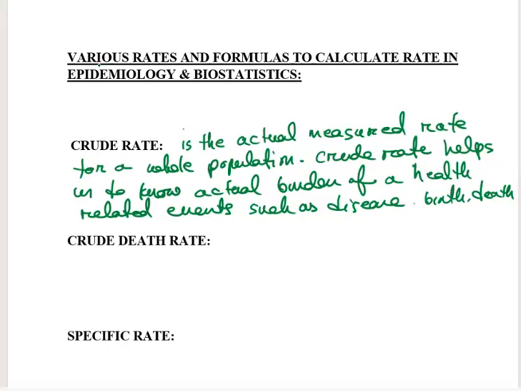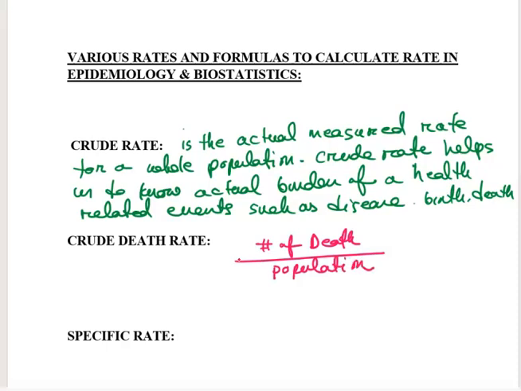So to write the formula for crude death rate, the numerator would be the total number of deaths divided by the total population.